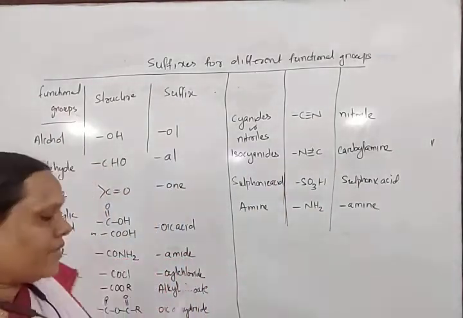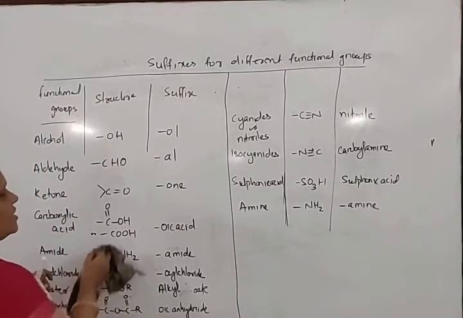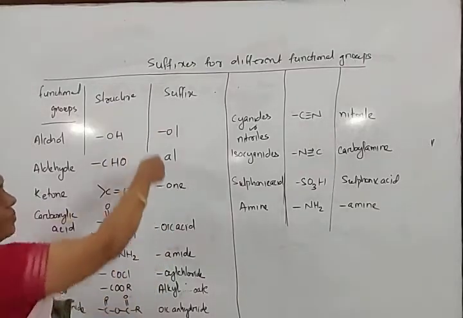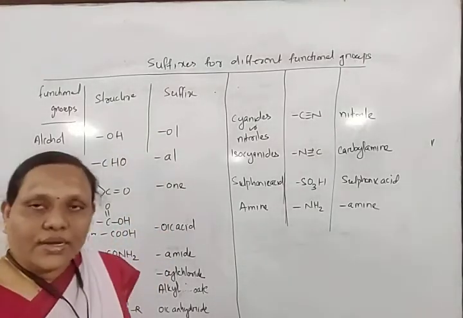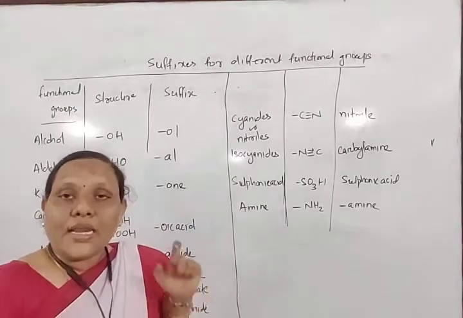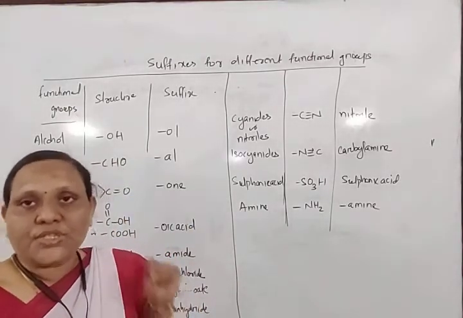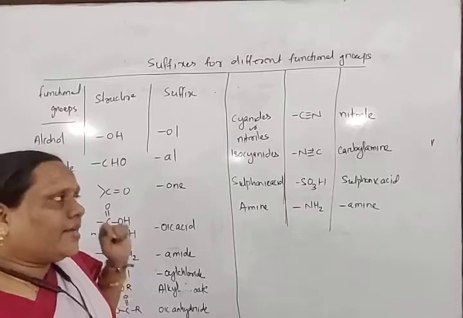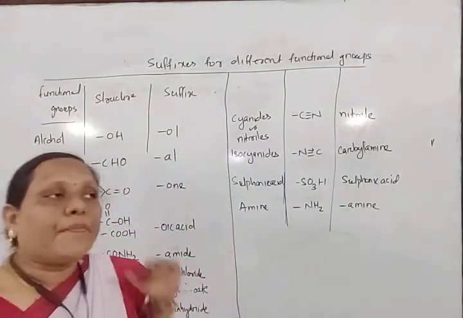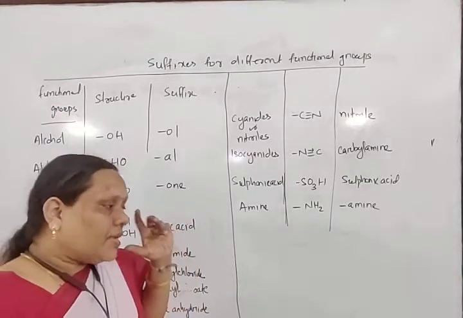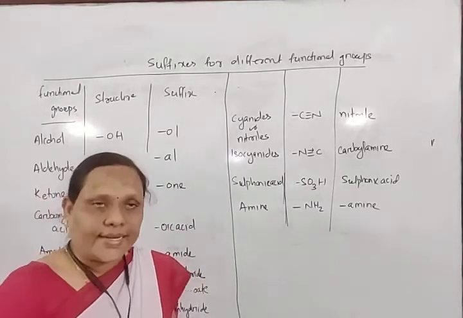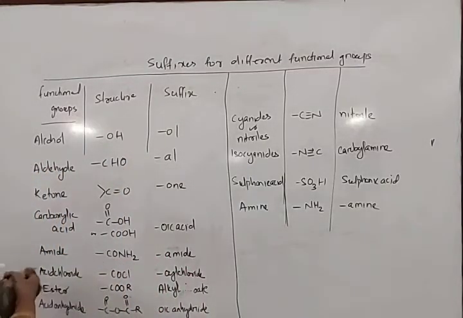Again I want to say, if the suffix starts with a vowel, then the terminal E of the primary suffix is dropped, and if it starts with a consonant, the terminal E of the primary suffix is retained.